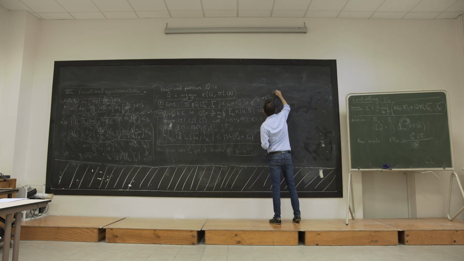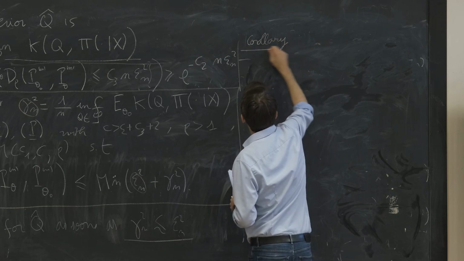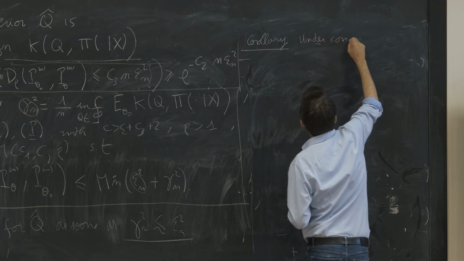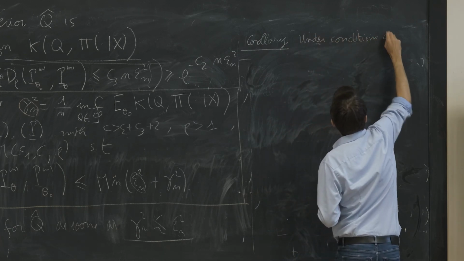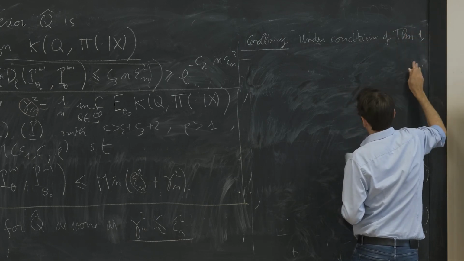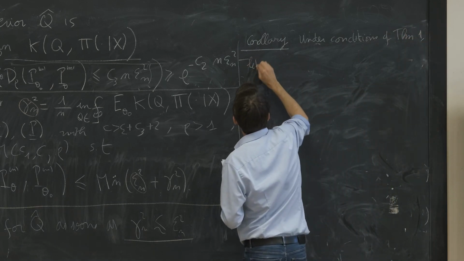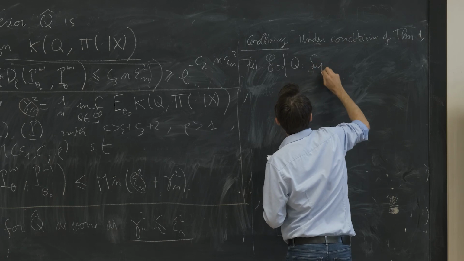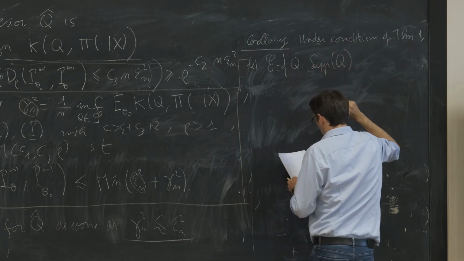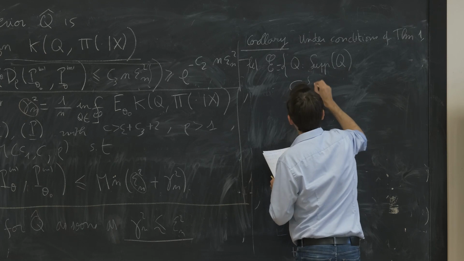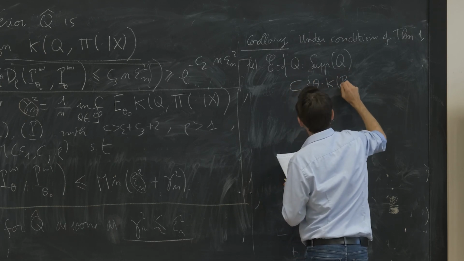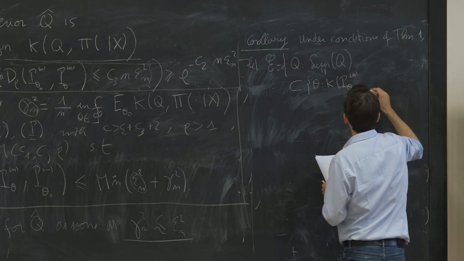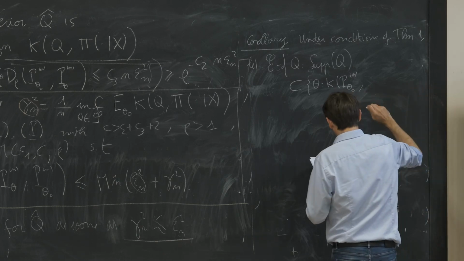So, a corollary. Under the conditions of theorem 1, let E denote the set of distributions that have their support included in the set of theta such that the Kullback-Leibler, so the inside of the second term, is under control.